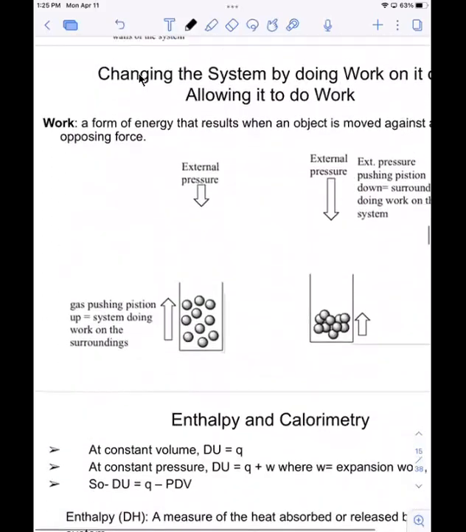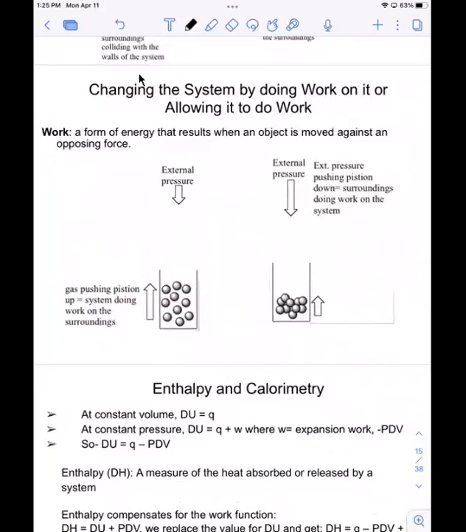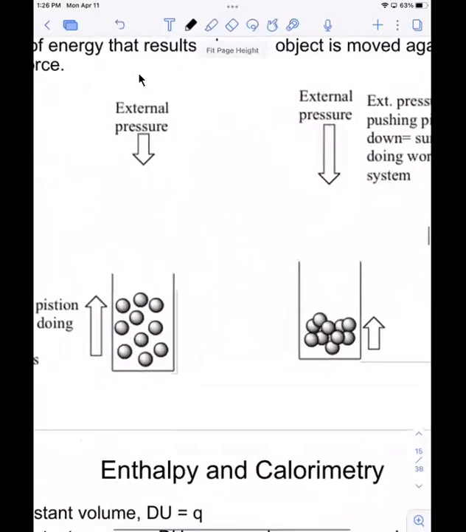The third way, you can allow the system to either do work on the surroundings or vice versa. And again, in this particular case, we're going to use the idea of a piston in an engine. So if I have a piston that's just pushing up or being pushed down, in this case, I'm adding pressure, and I'm using that pressure.